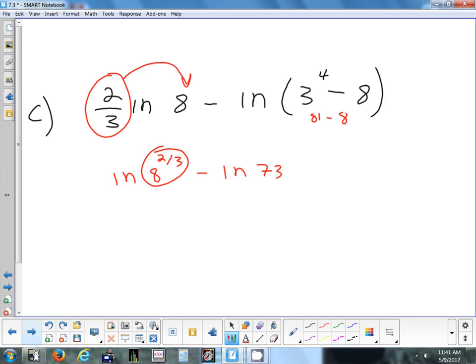You get the same answer. Which one do you think is easier to do first because it'll keep the numbers smaller? Do the cube root first because it's divided by 3. What's the cube root of 8? 2. Squared, 4. If you did it the other way, you would square the 8 first, and you get 64.